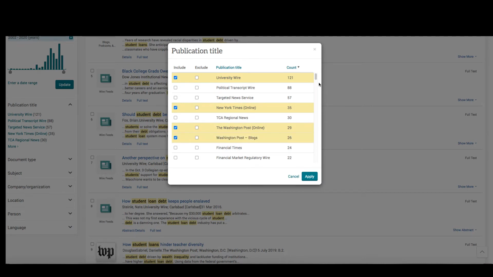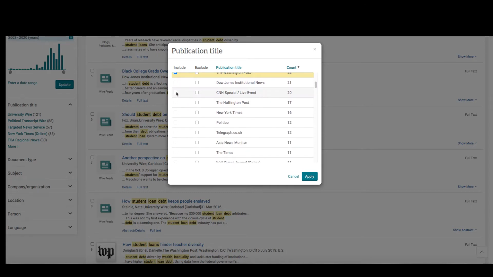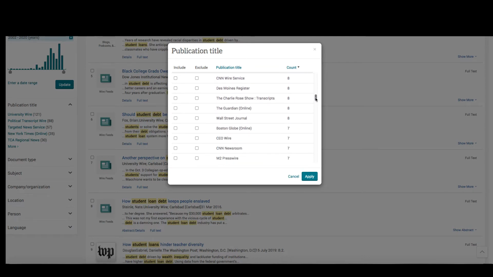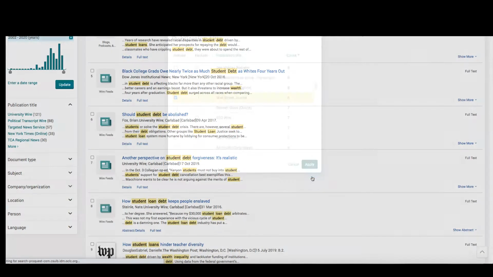Might look at the Washington Post blogs. Financial Times, CNN Special, maybe. New York Times, Politico. The Wall Street Journal, and you could pick a number of them.